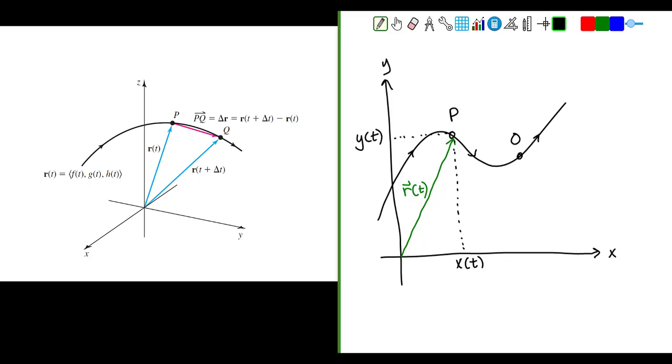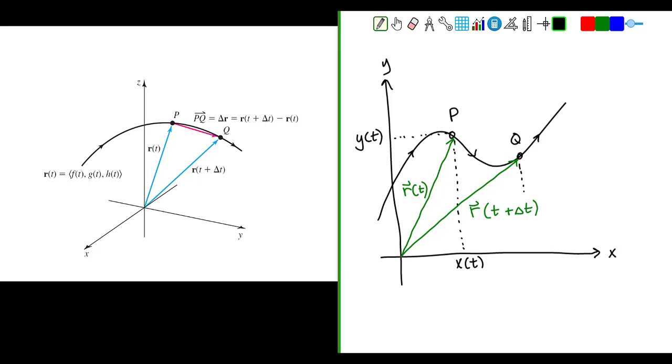The second point we will label Q. Point Q also has a position vector, and we will call this position vector R. Because this takes place at a later point on the curve, we're going to say that this takes place when a small interval of time, delta t, passes.